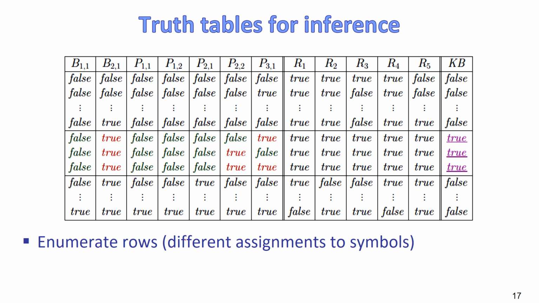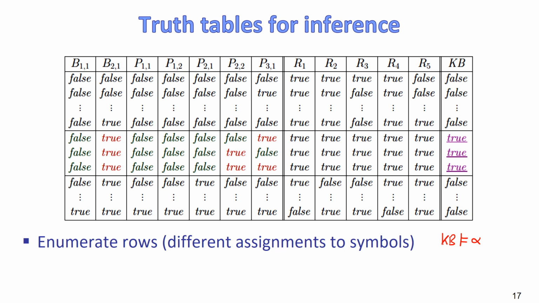Now, how can we infer something from the knowledge base? We have two ways that we will discuss, inshallah, in this lecture. The first one, which we talked about already in the previous lecture, is called model checking. Remember, if we say that the knowledge base entails alpha, we discussed two definitions for that.